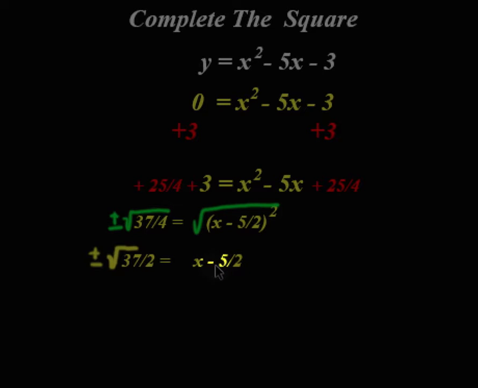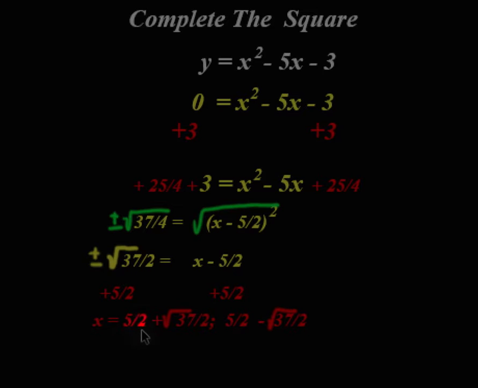Now we have to solve for x, so what we do is we do the opposite on both sides of the minus 5/2. We end up adding 5/2 to both sides, and upon doing so, we end up with the following two x values for the x-intercepts.